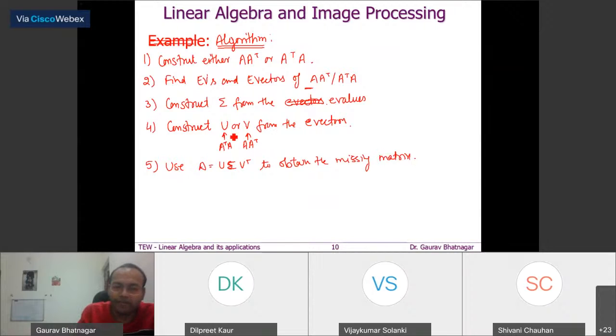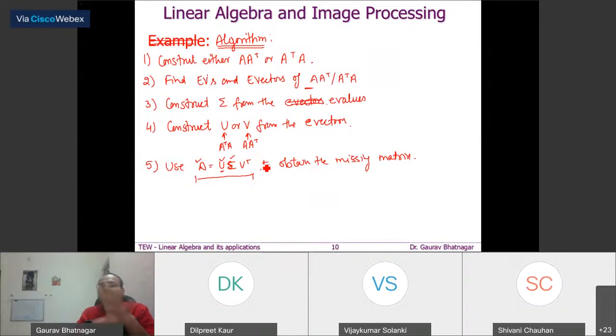If you obtained u in the previous step, then A is known, u is known, sigma is known, so using this relation you can find the matrix v. And if you have v, then A is known, sigma is known, v transpose is known, and you can again use this relationship to get the matrix u. So this is the simplest algorithm for finding the SVD.